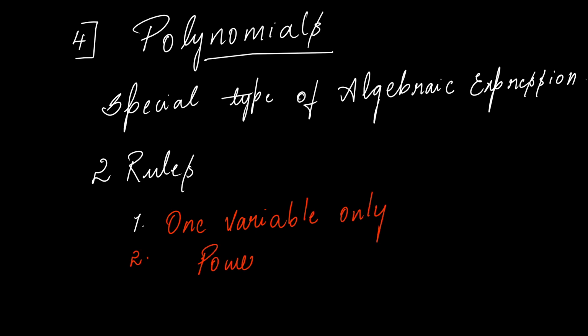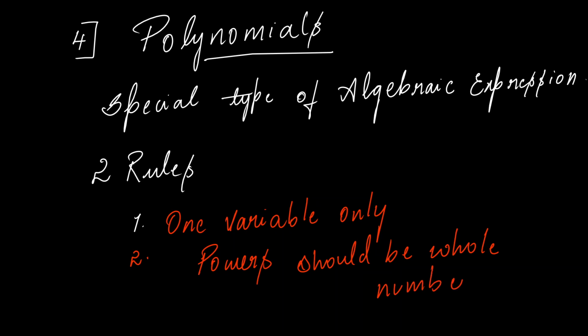So what are whole numbers? Whole numbers means 0, 1, 2, 3, 4, 5, 6, going on till infinity. The numbers which start from 0 to infinity are called whole numbers. So the power should be from 0 till infinity. Any number you can write.